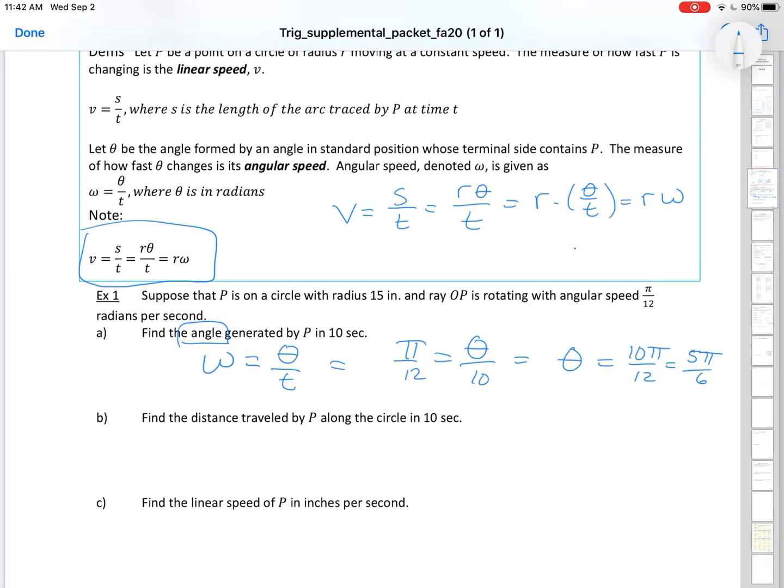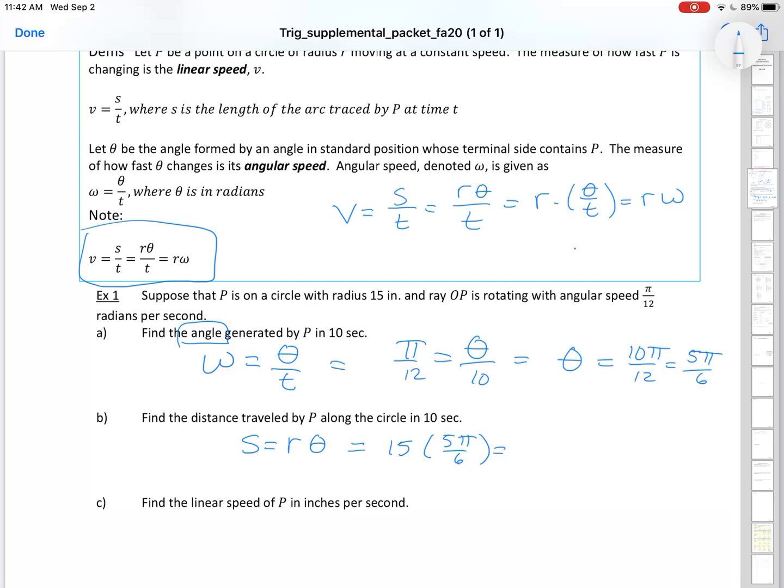Find the distance traveled by P along the circle in 10 seconds. Well, the distance traveled is s. S is equal to r times theta. So that's coming from the previous section, right? The distance is the arc length. What's the radius? Well, we know what the radius is. The radius is 15 inches. What's the angle? 5 pi over 6. And so what do we get?